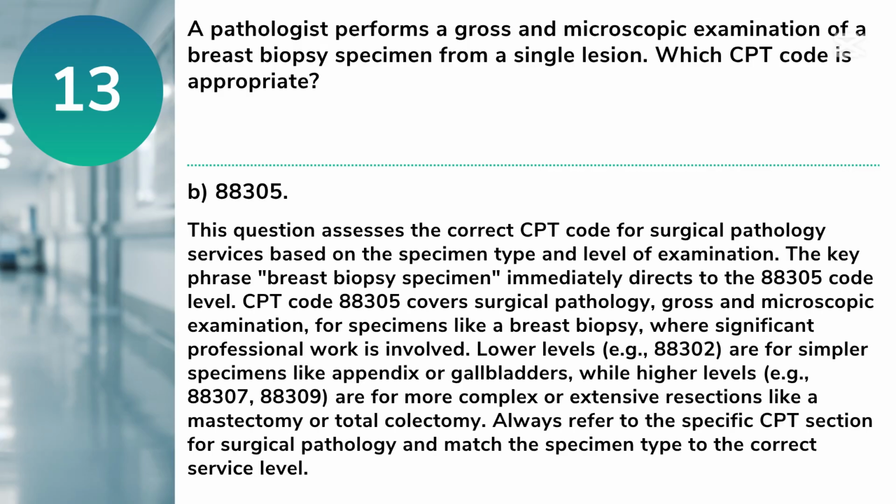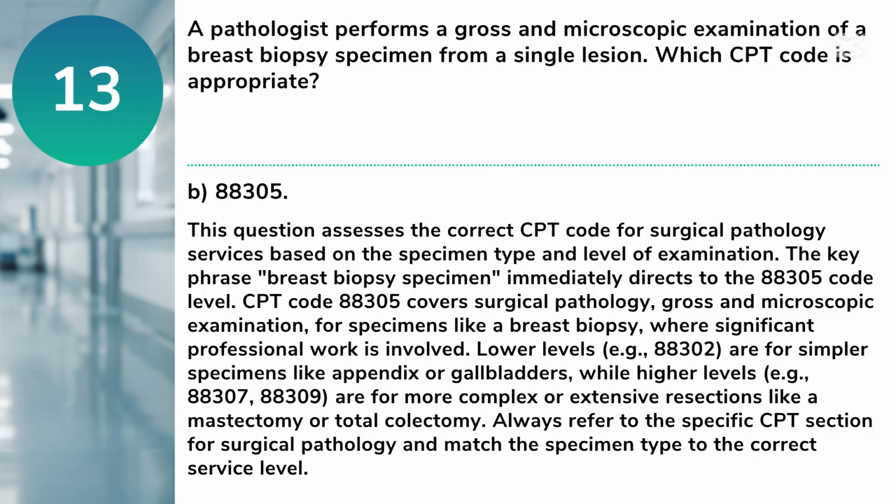Answer B. 88305. This question assesses the correct CPT code for surgical pathology services based on the specimen type and level of examination. The key phrase, breast biopsy specimen, immediately directs to the 88305 code level. CPT code 88305 covers surgical pathology, gross and microscopic examination, for specimens like a breast biopsy, where significant professional work is involved.